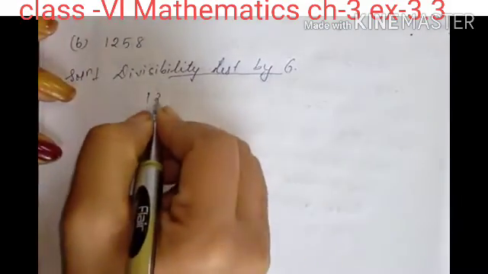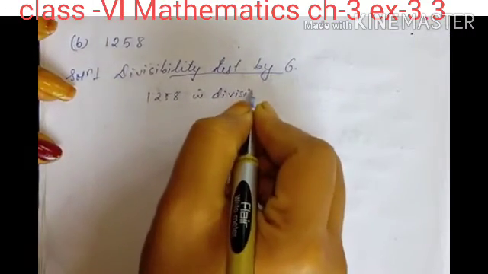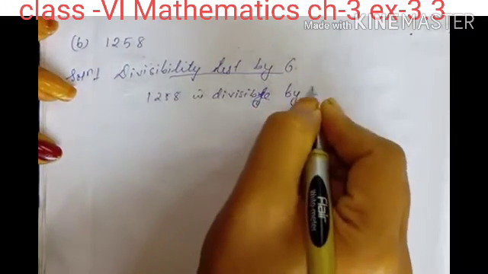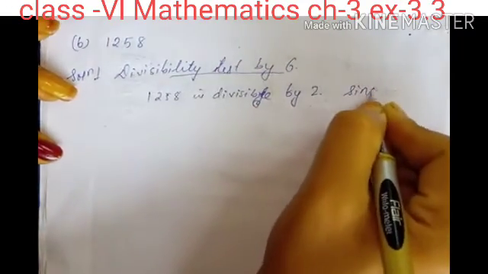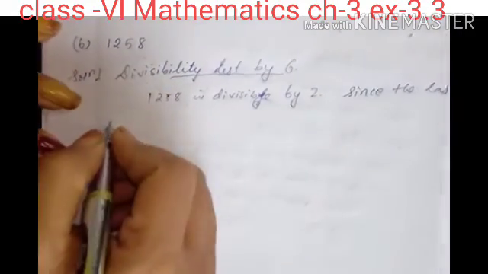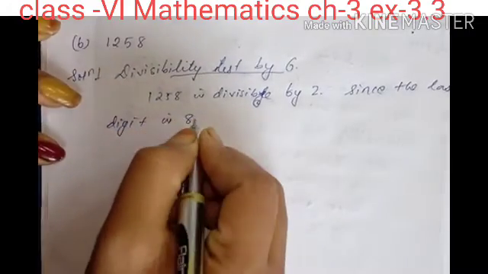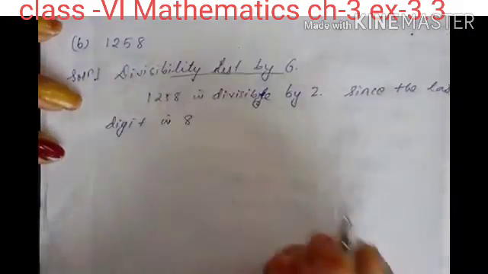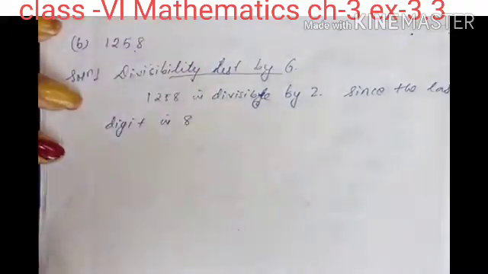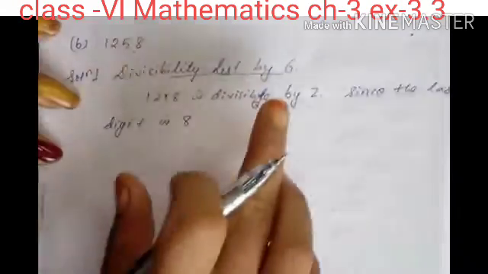You can say 1258 is divisible by 2 since the last digit is 8. Now this number is divisible by 2. Why? Because the last digit is 8. If the last digit is even or 0, then that number is divisible by 2.